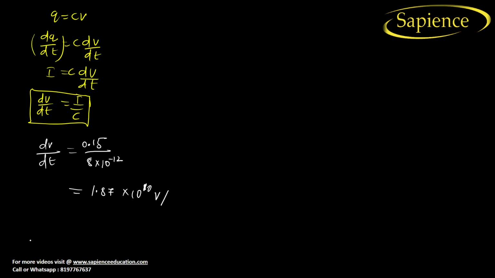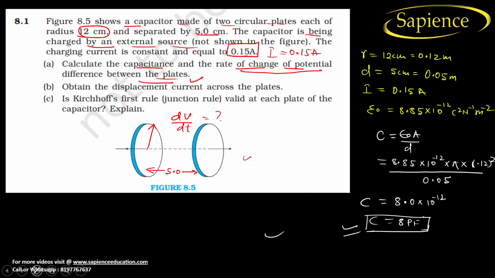Just calculate it on your own so you won't be confused. So dV by dt we have got, and part A of this question has been solved.